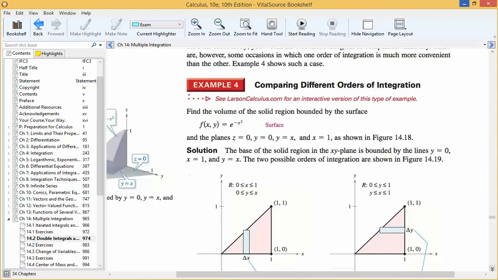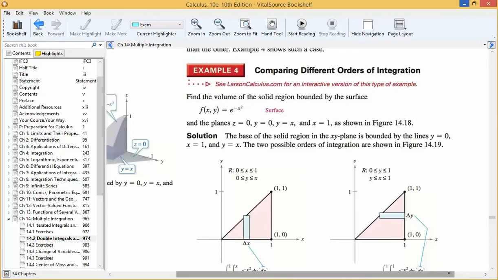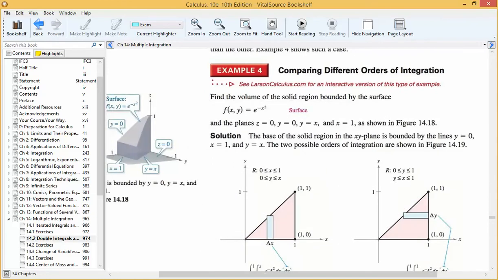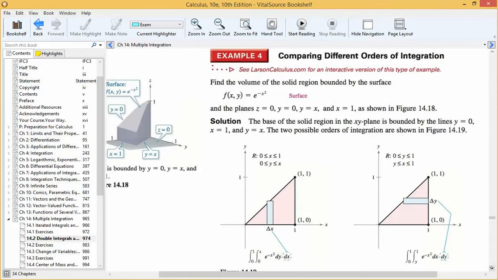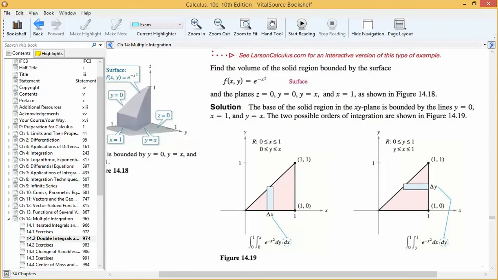So that problem is actually very complicated because you have to do a lot of trig, a lot of integrals that may not be on your mind. Alright, this is a very good example because they integrate dy dx and dx dy.